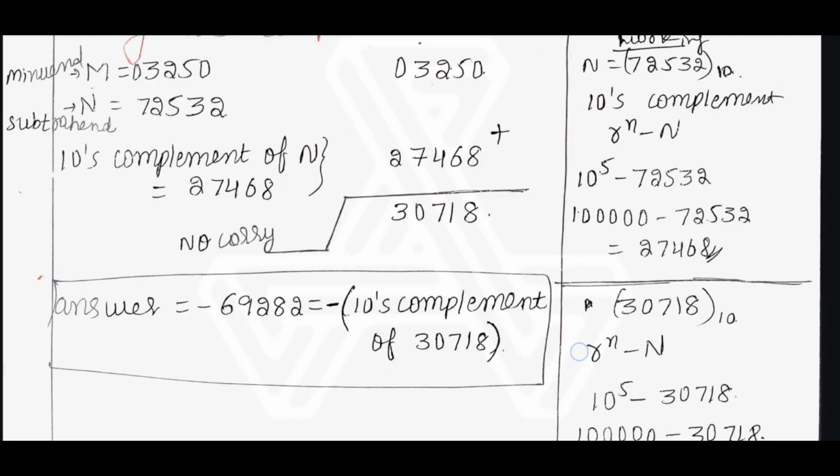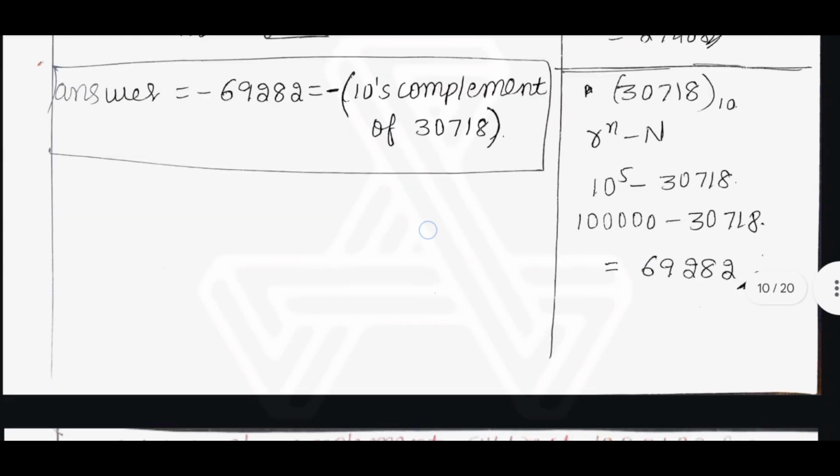So the answer will be the complement of 30718, that is 10 power 5 minus 30718, which is 69282. It is the tens complement of this, so it is minus 69282; the sign should be changed.